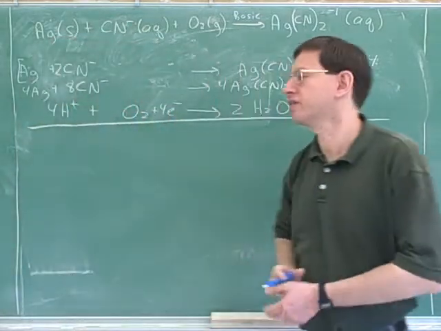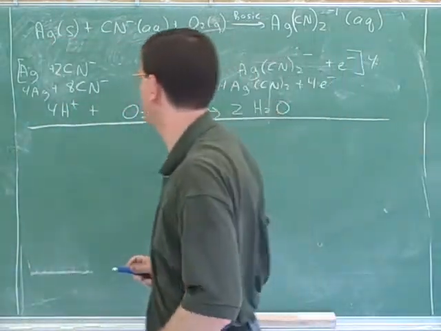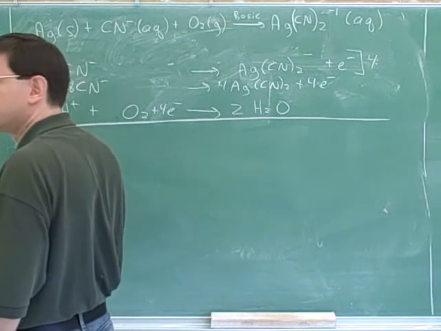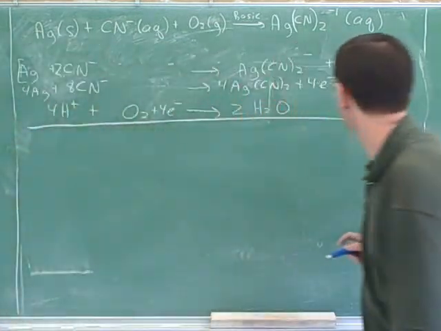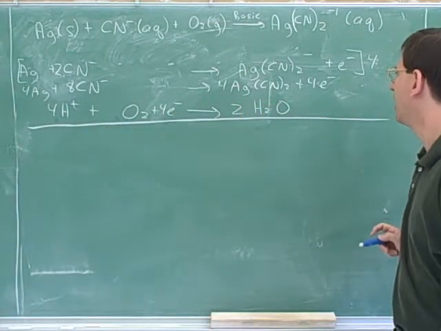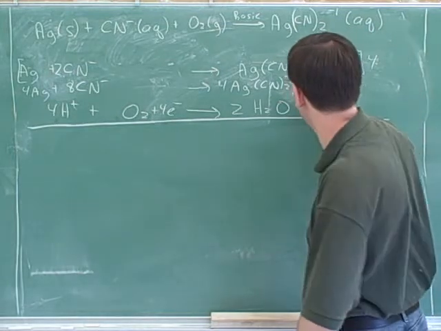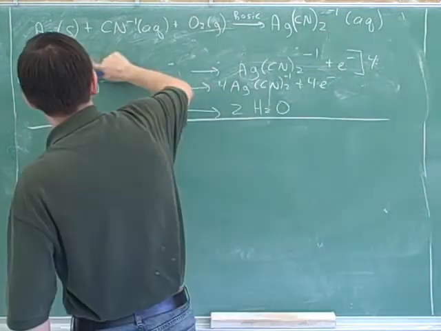Now the electrons balance. I forgot the minus on the CN2, I did it again. I really should call this a -1 because I kept using those dashes.